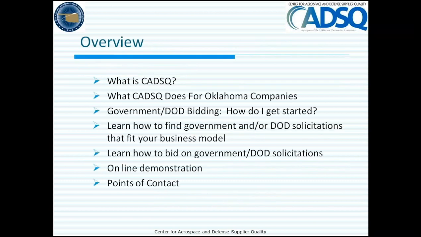Okay, so for this morning we are going to just do a brief overview of what the Center of Aerospace and Defense Supplier Quality Program is and what we do for Oklahoma companies.